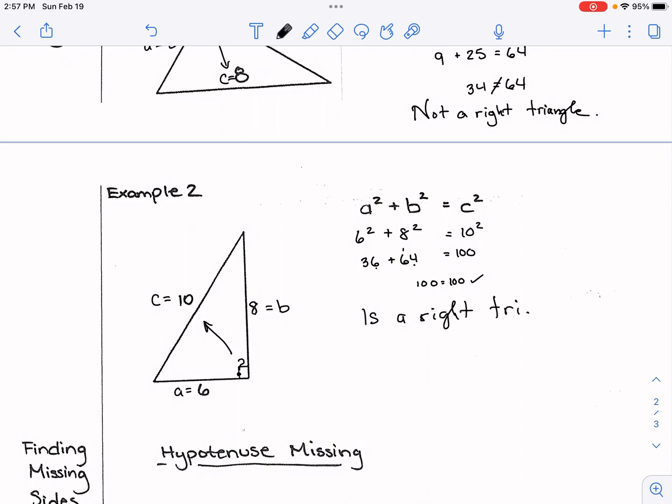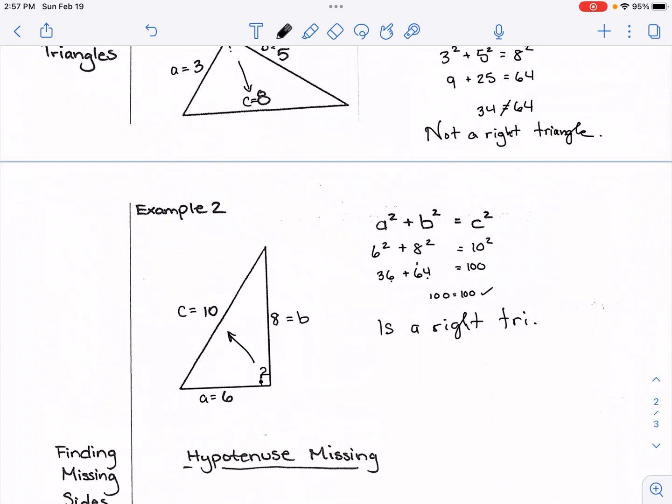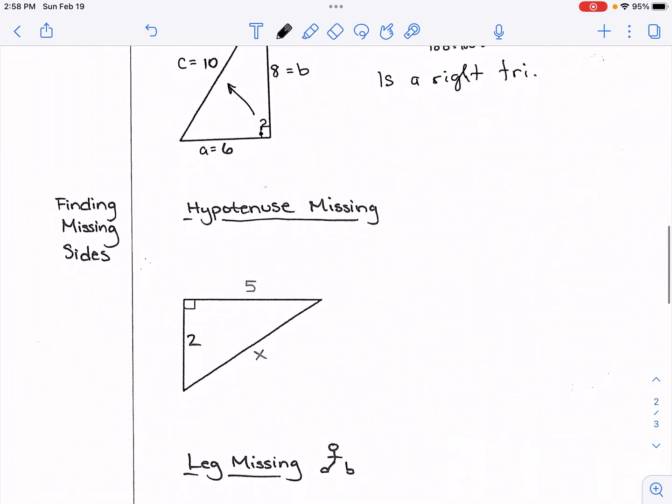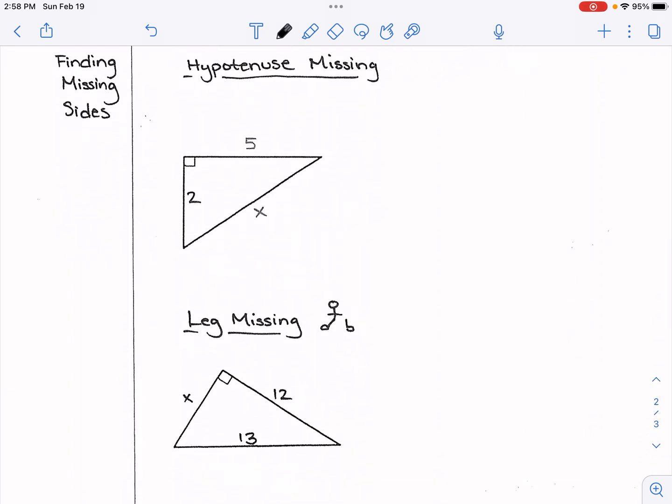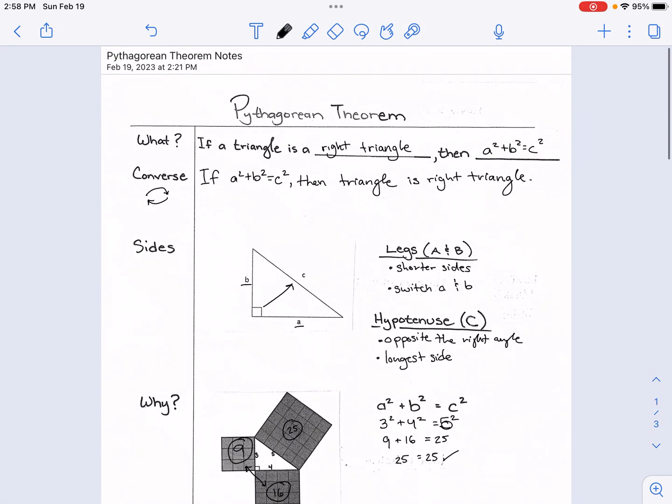Just abbreviate there. Okay, so we use the Pythagorean theorem to prove whether these angles are 90 degrees. If we're manufacturing parts that need to have a specific angle, that's one way to prove it. We're going to go to this last part where we do have a right triangle, and we're using the Pythagorean theorem.